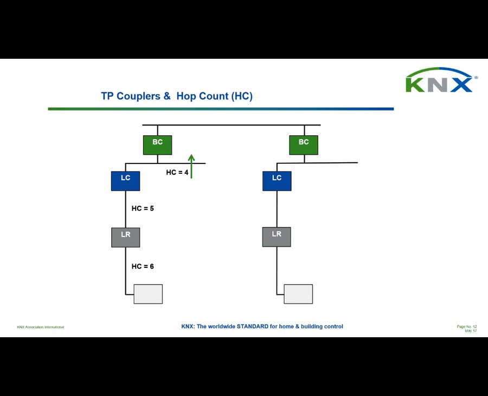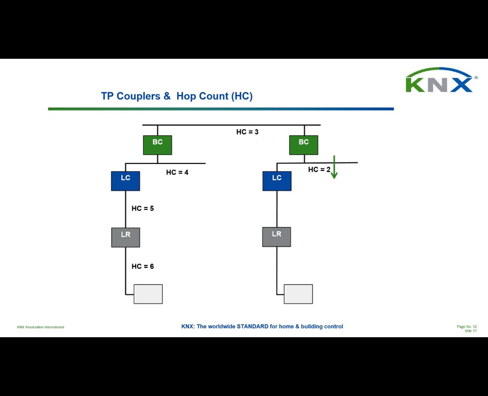So it will be copied to the main line, but again with a decremented hop count: 5 becomes 4. Then from the backbone coupler to the backbone coupler, the same thing will happen, so the hop count is also decremented.